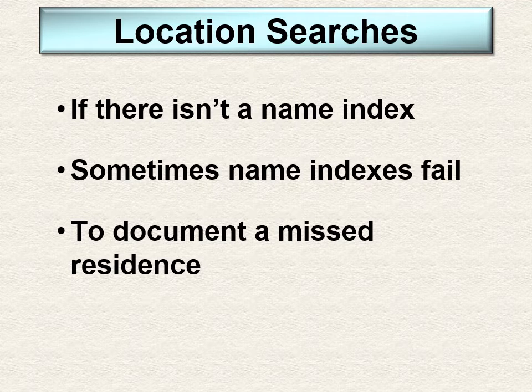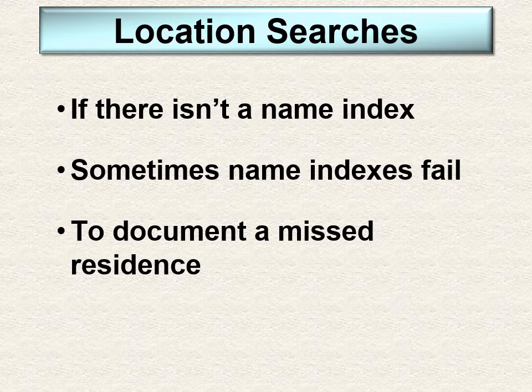So location searches are good if there isn't a name index. Obviously, there was not one on the census when it opened because of confidentiality. Sometimes name indexes fail. We've shown you some of the reasons why. Location searches can document a missed residence. In other words, if you can't find somebody with a name index, you may not know, well, maybe it was mistranscribed.